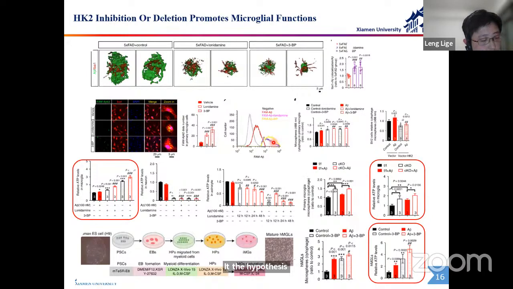Indeed, lonidamine and 3BP can stimulate the microglia phagocytosis of FAM microspheres independently. On the contrary, HK2 overexpression decreased the BV2 cells' phagocytosis.